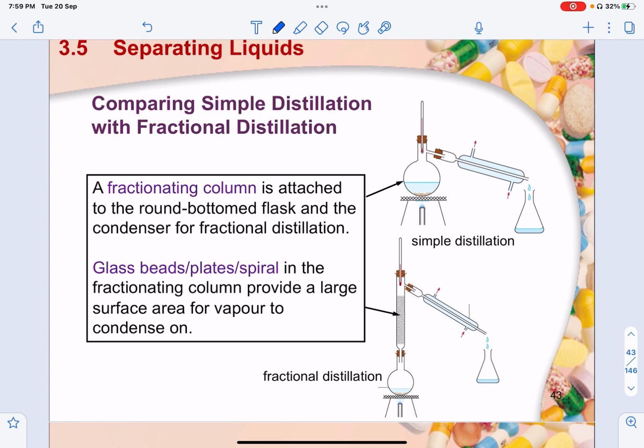Now, this is important because sometimes the boiling points are very close to each other. So we only want to ensure a pure substance. So sometimes if they just happen to reach that state, the cooler glass beads will help to condense this vapor into liquid again, and it will fall back down into the residue here.